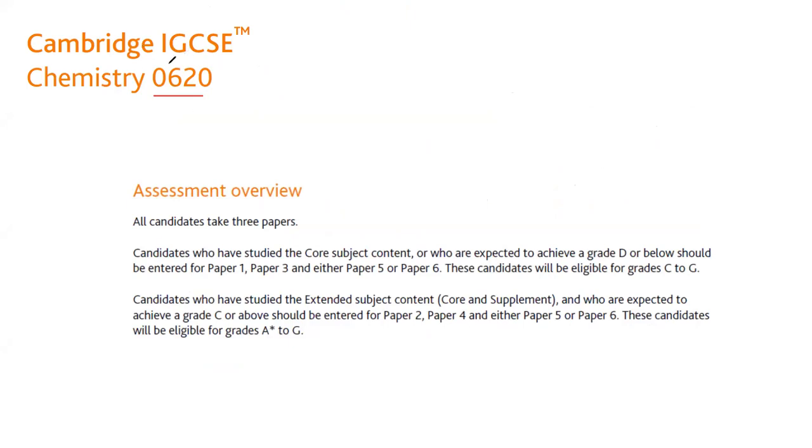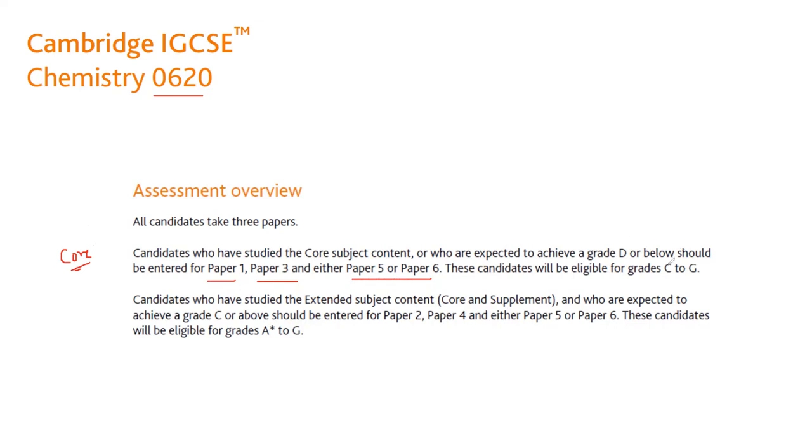This is the code for your chemistry, 0620, if you need your result in alphabets. And there are two possibilities. You can select a core. If you select a core, then you will select paper 1, paper 3, or either paper 5 and 6.